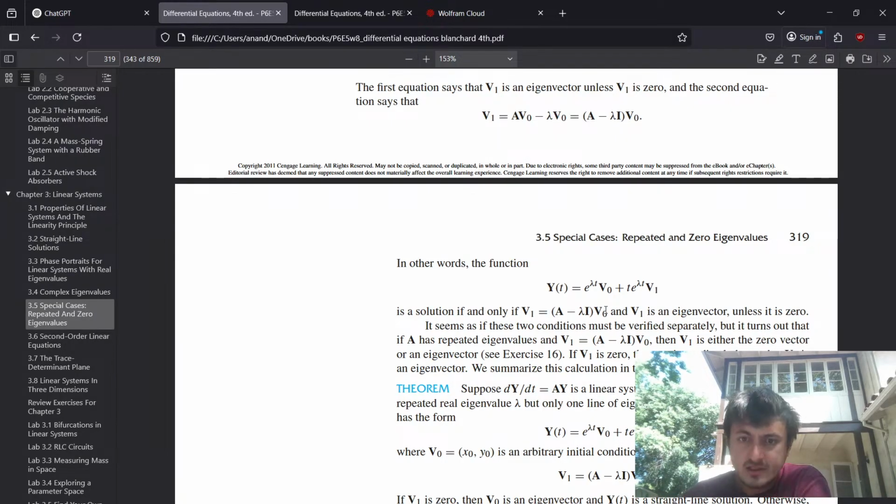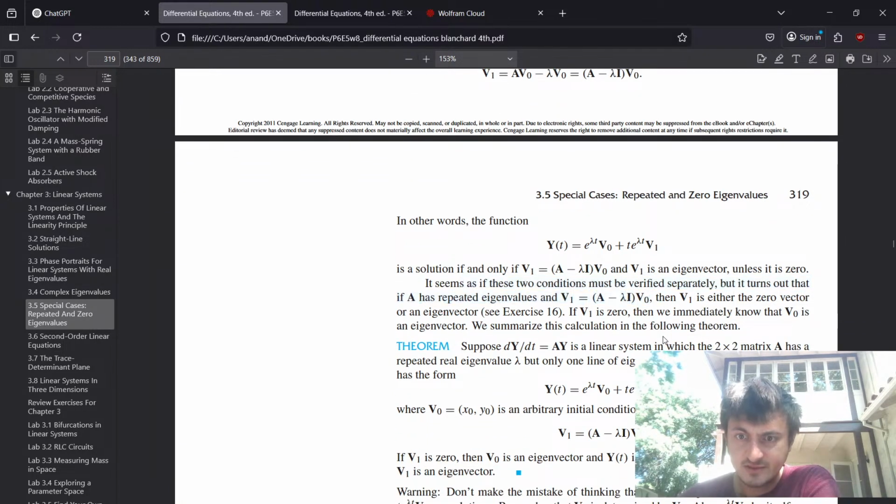It seems as if the two conditions must be verified separately, but it turns out that if A has repeated eigenvalues and v1 is equal to A minus lambda I v0, then v1 is either the 0 vector or an eigenvector. If v1 is 0, then we immediately know that v0 is an eigenvector, because that's what it means to be an eigenvector, for this to be 0.